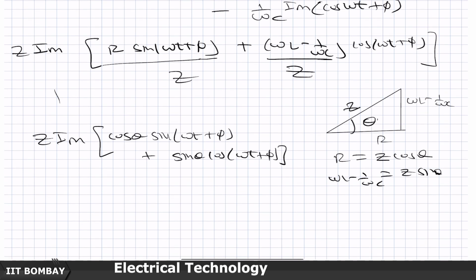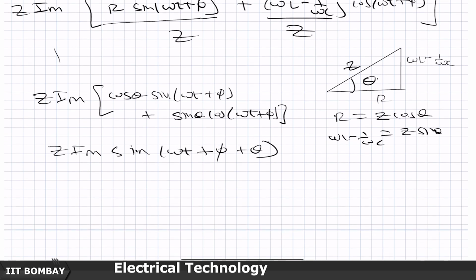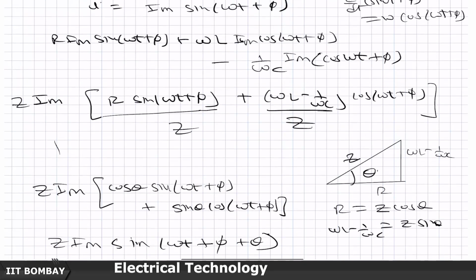So sine A cos B plus cos A sine B can be written as sine of A plus B. This is sine A, this is cos B, this is cos A, this is sine B. So this is sine of A plus B, which is omega t plus phi plus theta, and this should be equal to what?